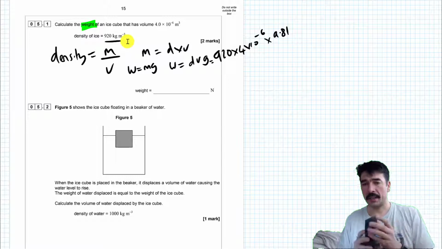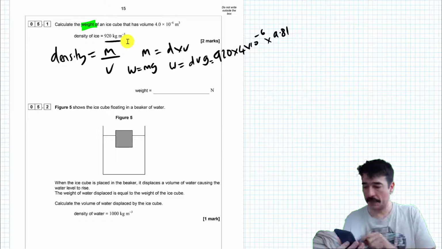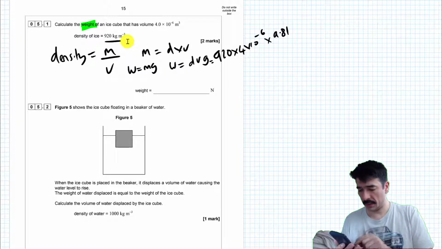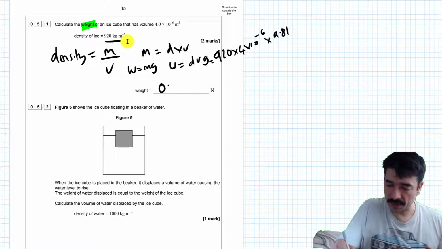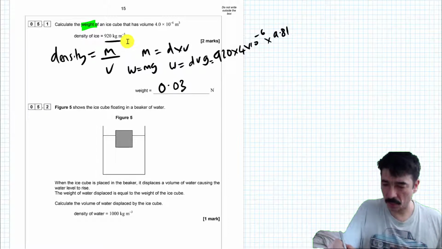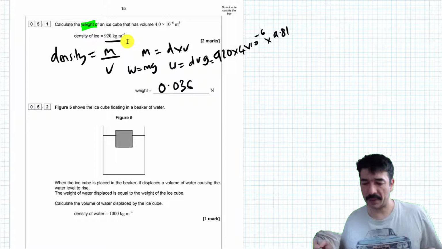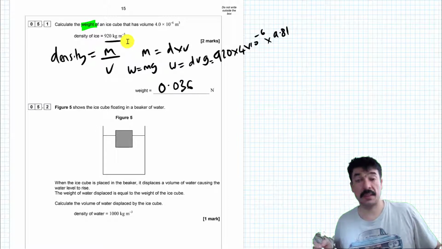Sticking the numbers in, 920 times 4 times 10 to the minus 6 times 9.81 gives me 0.0361. I'll just leave it at two significant figures, 0.036 newtons.